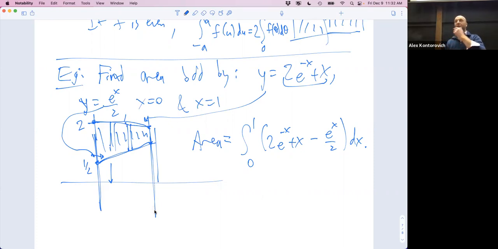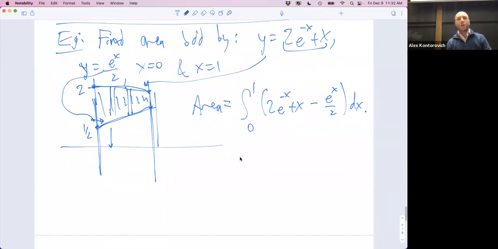Now here's, yeah, Jen. Yes, you have to figure out which one's the top and which one's the bottom. If they cross, we're going to do another example very shortly. If they happen to cross and you want to know the area between the curves, then you have to figure out where they cross and switch which one's on top and which one's on bottom.